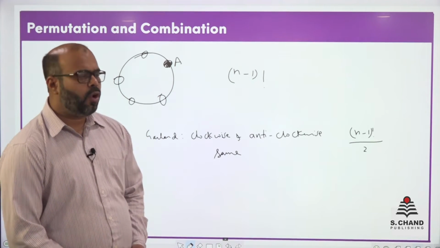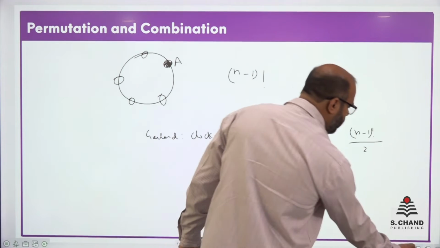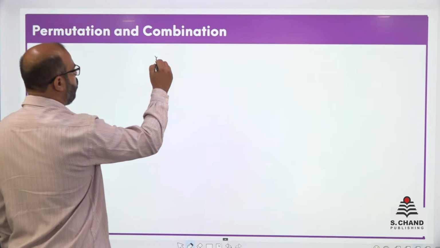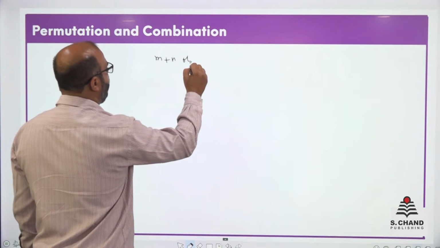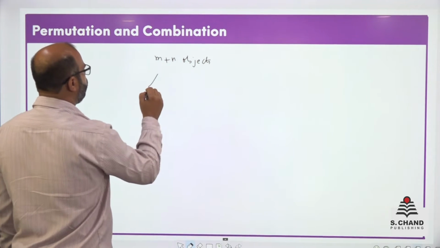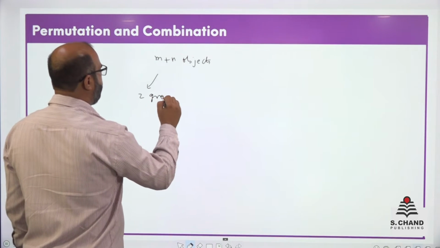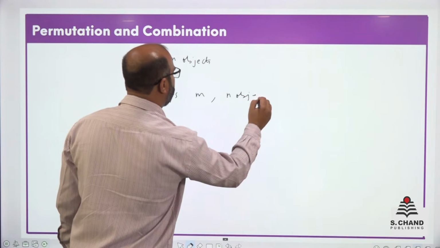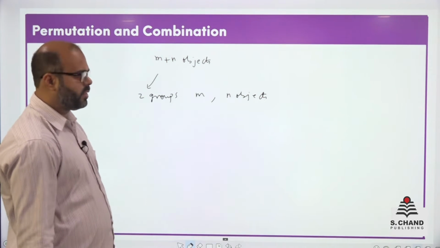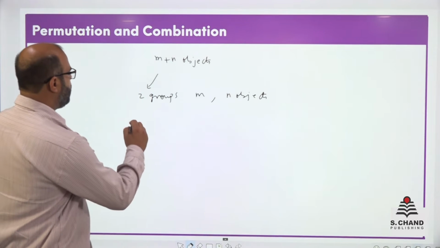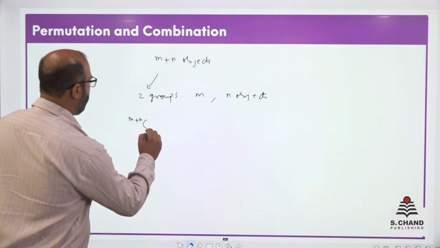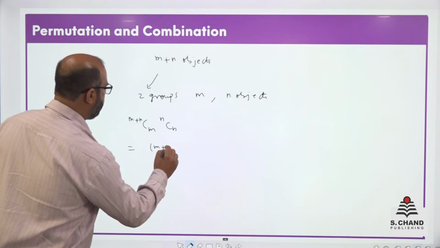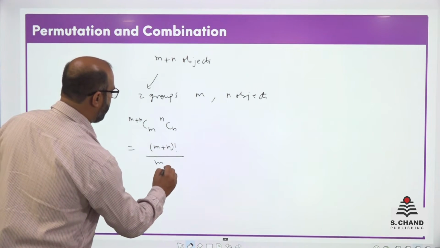Further, if we talk about distinct objects into groups, suppose we have m plus n objects and we want to divide them into two groups of m objects and n objects, and all of them are distinct. The number of ways we can do it is m plus n Cm into n Cn, that is m plus n factorial upon m factorial into n factorial.